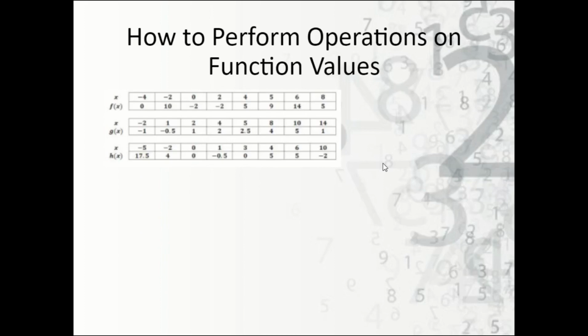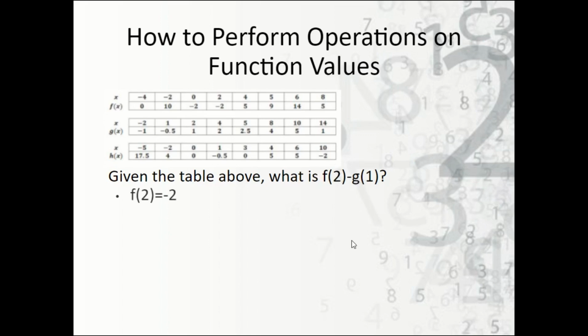Now, how do we perform operations on function values? So let's say, given the table above, what is f of 2 minus g of 1? So what that means is we're going to find what f of 2 is and then subtract g of 1 from it. So if we look at f of 2, we can see that the value here is negative 2. So when x is 2, y is negative 2. So we keep that there.